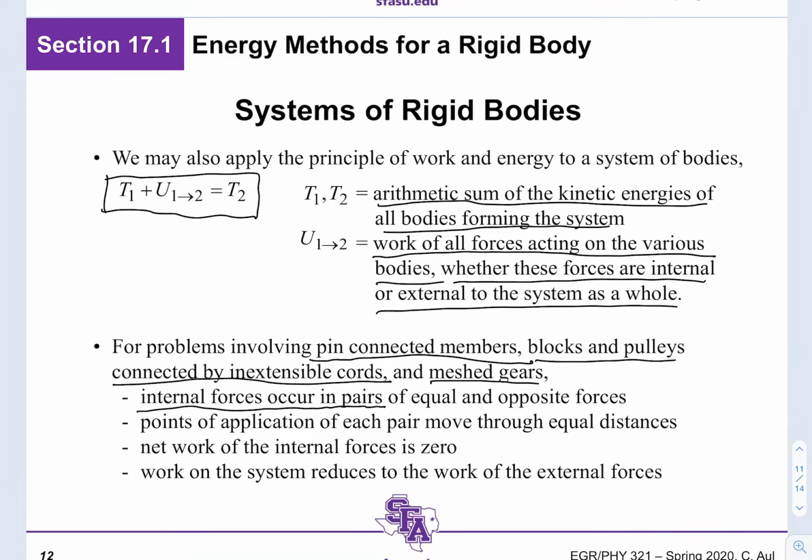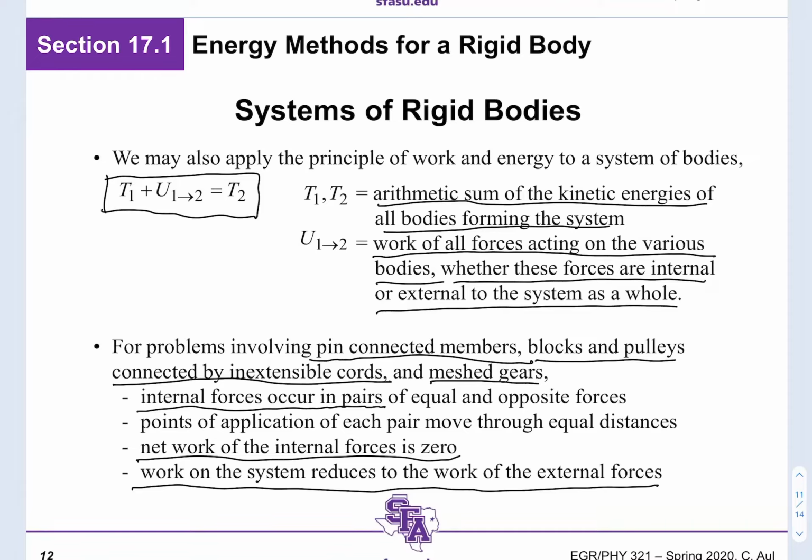So this is the case for pin connections, blocks and pulleys connected by cords, mesh gears, and so on. We can make relationships between these internal forces acting between the points, where if we group everything together, the internal forces would have zero work. But if we're analyzing each body in its own right, those internal works will have representations which cancel each other out.